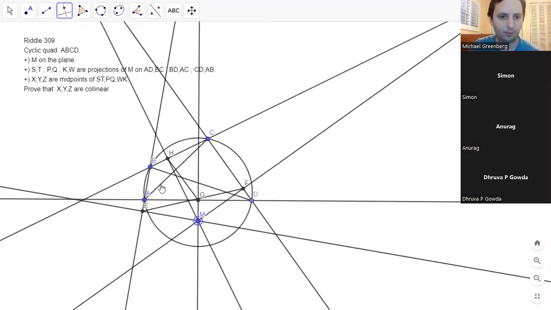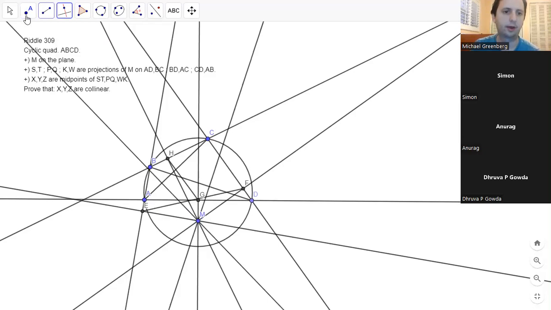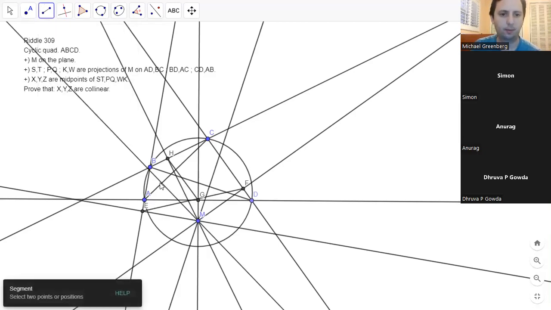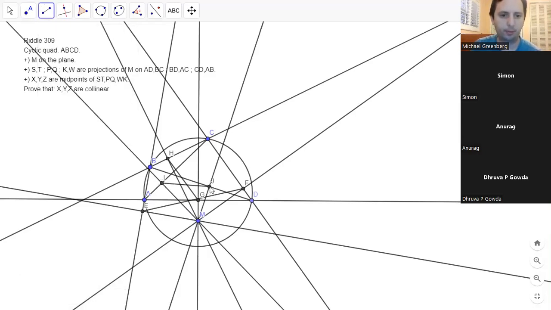So a lot of perpendiculars here. I'll make the diagram look a little better in just a second. But you want to show that the midpoints of all 3 of these are collinear. So we can hide a lot of the diagram here.